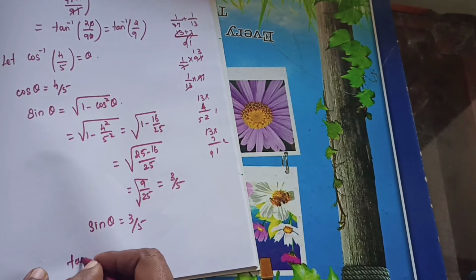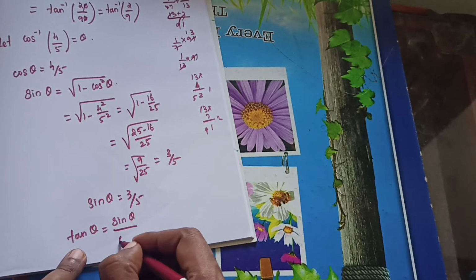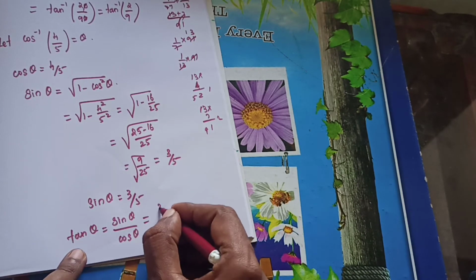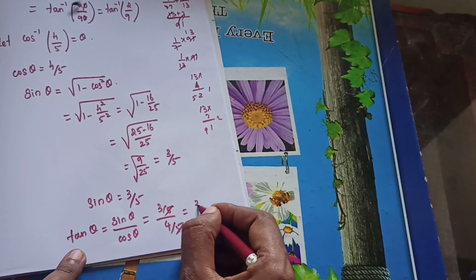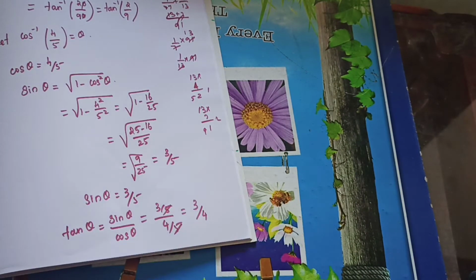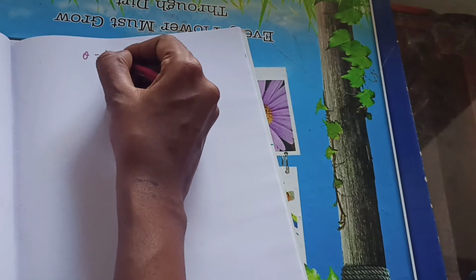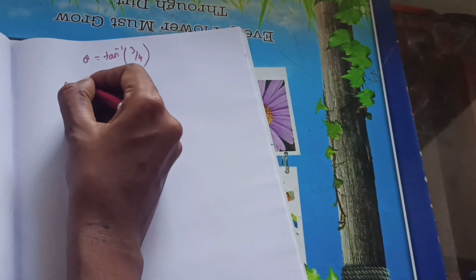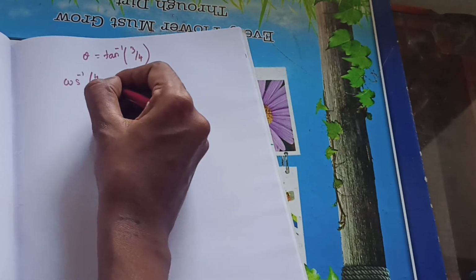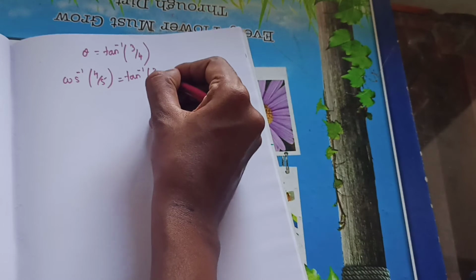If we need tan theta, what's the formula? Sin theta by cos theta, that's equal to 3 by 5 divided by 4 by 5. So you will get 3 by 4. So tan theta equal to 3 by 4. From this, if you are finding theta, what's the value we get? Tan inverse of 3 by 4. Then cos inverse of 4 by 5 equal to tan inverse of 3 by 4.